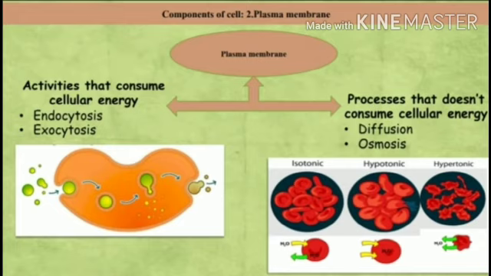Now the second process is osmosis. Here the traveling of water from a part with more water to a part with less water through a selectively permeable membrane is called osmosis. It is a physical process with three possibilities. Now in osmosis there are three possibilities.